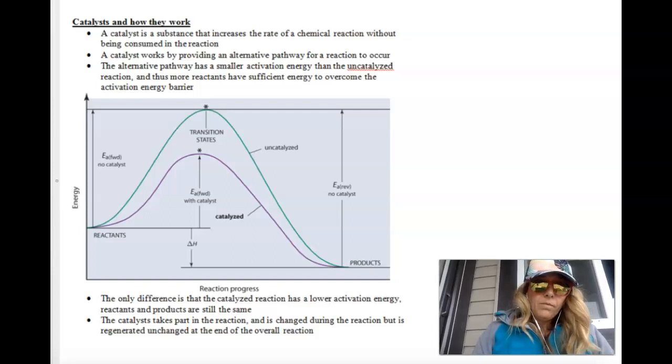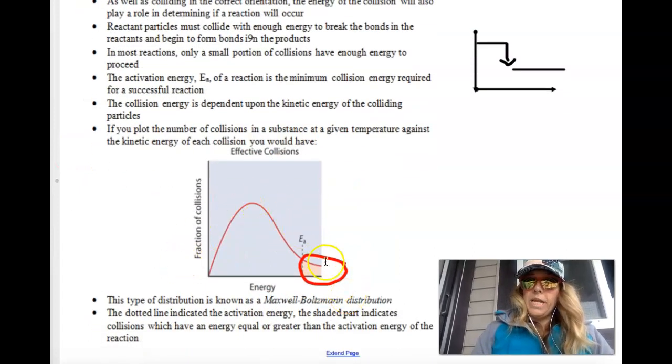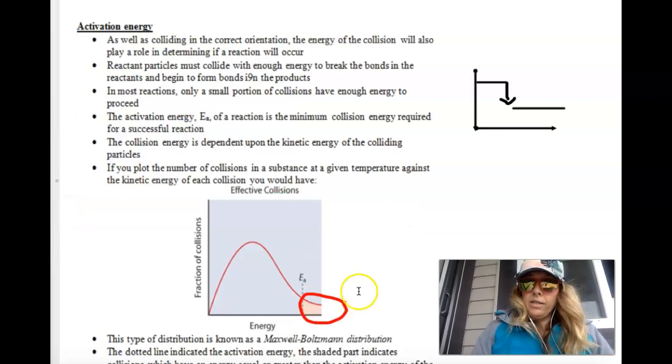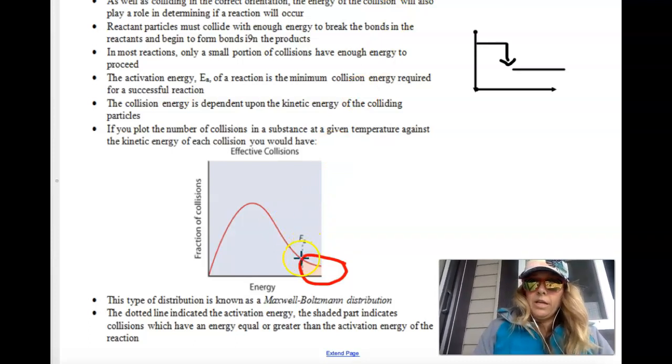So if we go back to the one that we looked at here, this was what we had, and we saw that by changing the temperature, we shifted the location of the curve, which is how we changed how many reactions were successful. But with a catalyst, I'm going to use this one because it doesn't have as much writing. We said that a catalyst lowers the activation energy barrier. So if this was my original activation energy barrier, it's going to lower it.